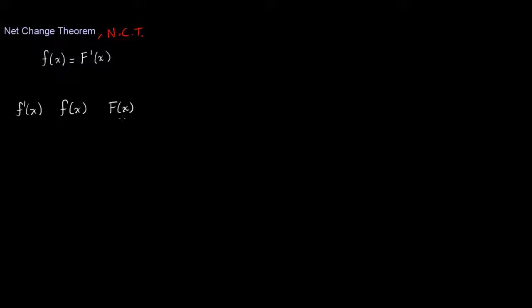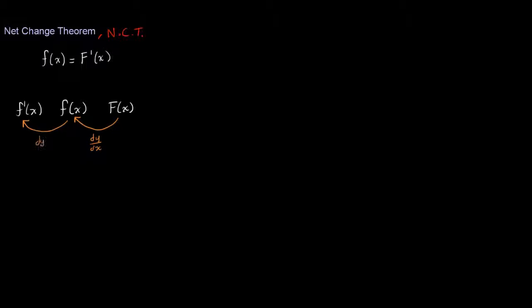As you can see, if you take the derivative of big F of x, you will get back to the f of x. Now, if you take a derivative of f of x, you will get back to the f prime of x.